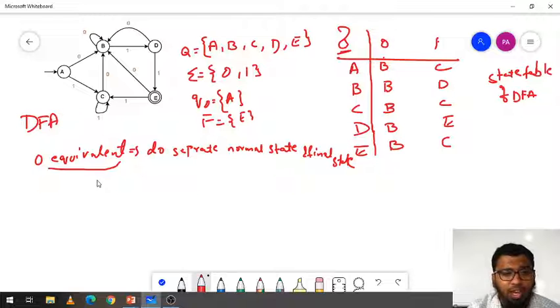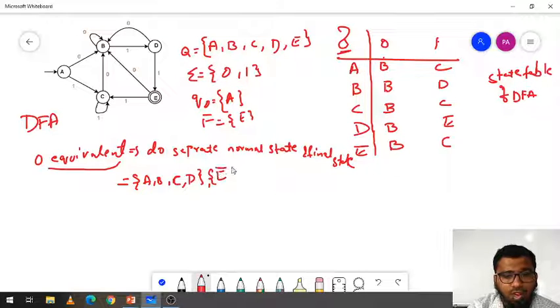Only the final state is E. So we will get A, B, C, D, and next is E. E is a final state. So this is the 0 equivalent. We are simply separating the normal states and the final state.